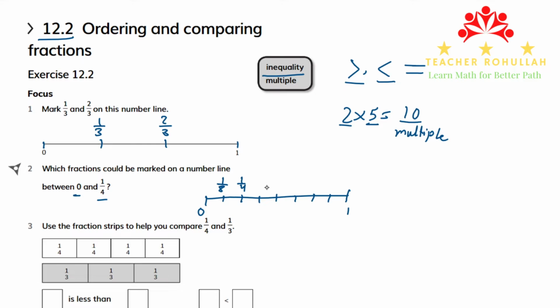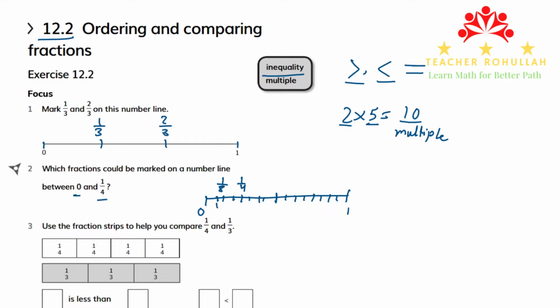It is 1/8. If we cut the same number line into 10 equal parts, 1/10 will also be in between 0 and 1/4. So let's cut it into 10 equal parts. This can be 1/10, 2/10, 3/10, 4/10, 5/10, 6/10, 7/10, 8/10, and 9/10.